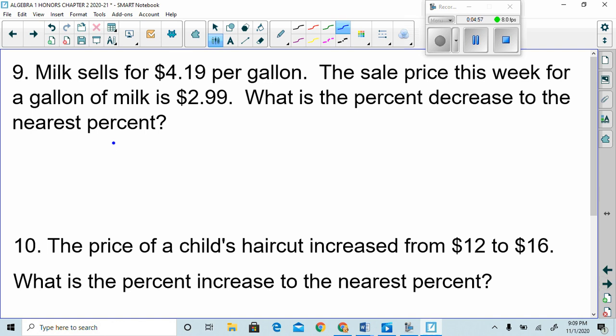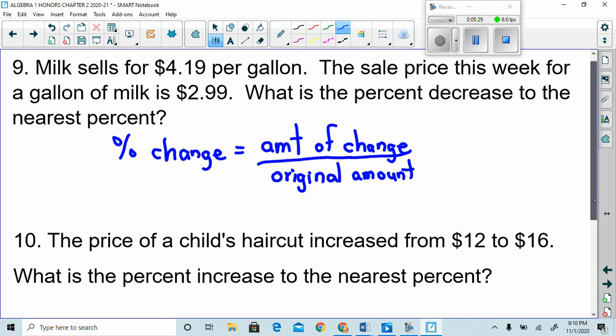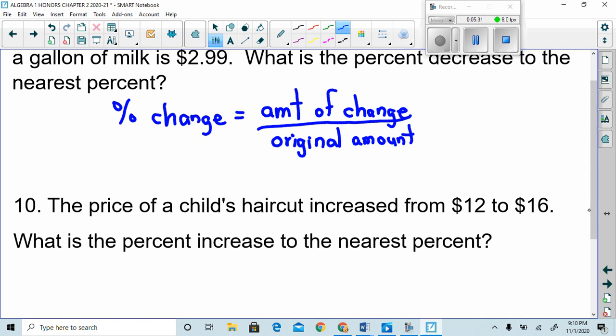If you recall, percent change, give you a little hint on this one, is the amount of change, which I call the difference, divided by the original or starting amount, and then you multiply by 100 to get a percent change.